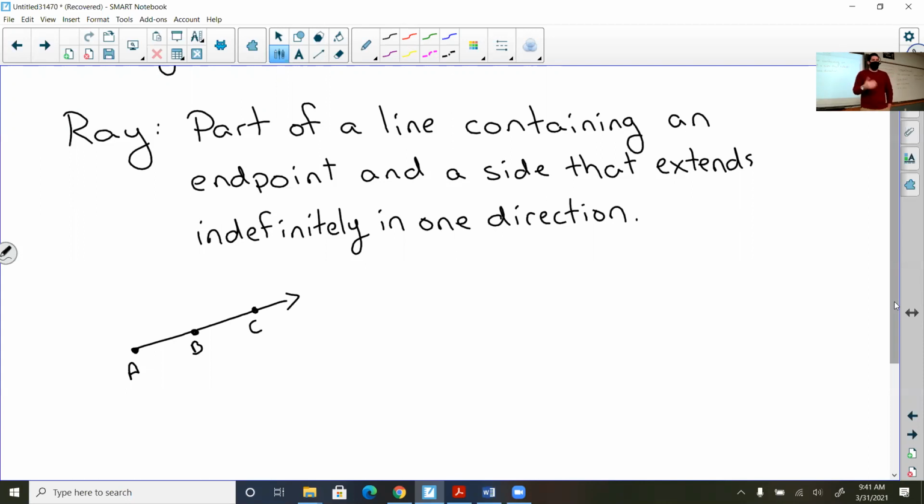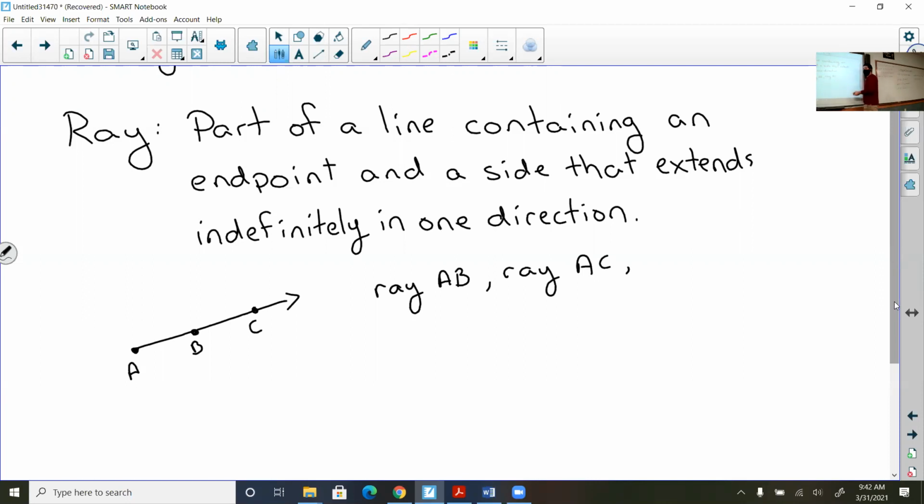All right, so I'm going to give a name for this ray, and I'm going to show you a few different ways that we can do it. So first, I'm going to call this ray AB. That would identify this ray here. Another name I could call it would be ray AC. That is also a name for the ray.